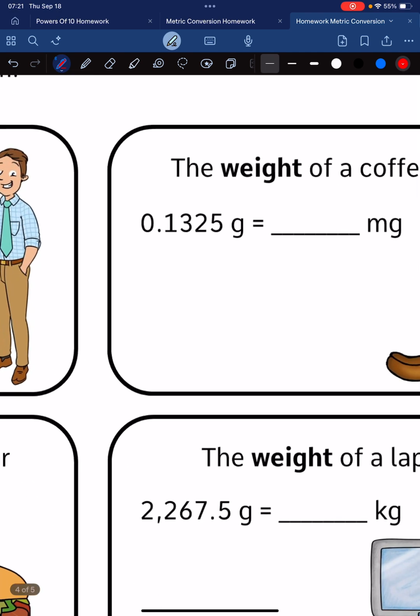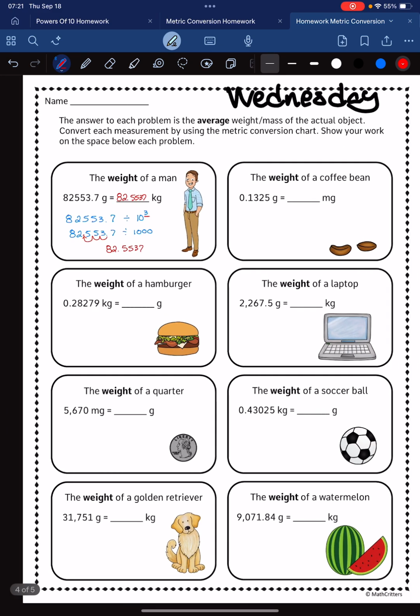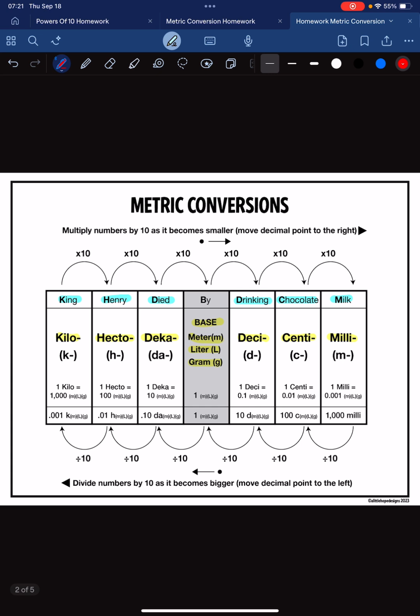All right, so if I am going from grams to milligrams, let's go back and look at my conversion chart here. If I'm going from grams to milligrams right here, then I would be multiplying by 10 to some power. I'm going from grams to milligrams, right? So that means I'm going 1, 2, 3. That's 10 to the third power.